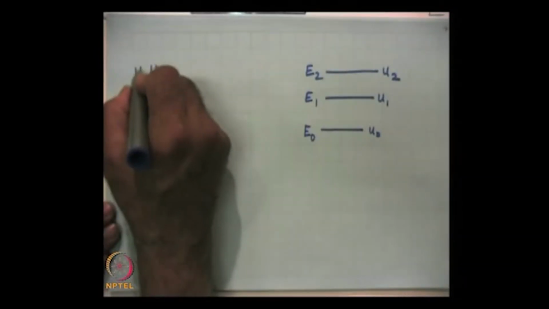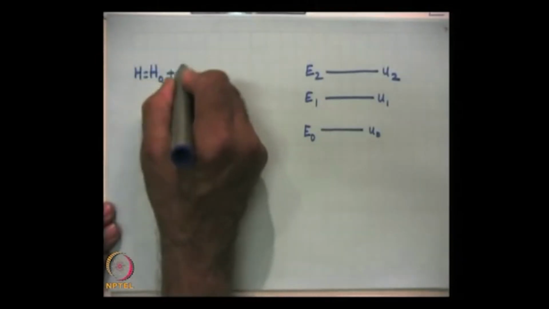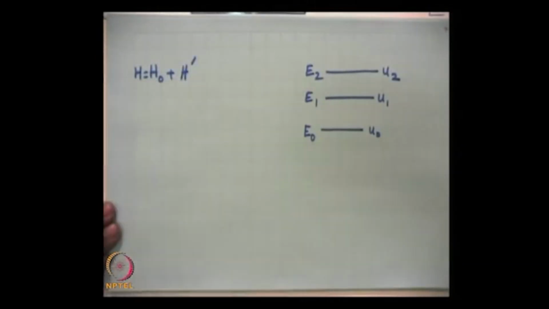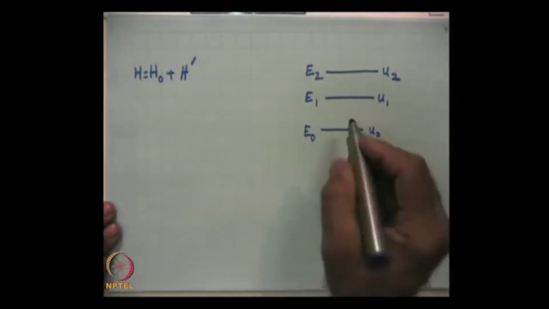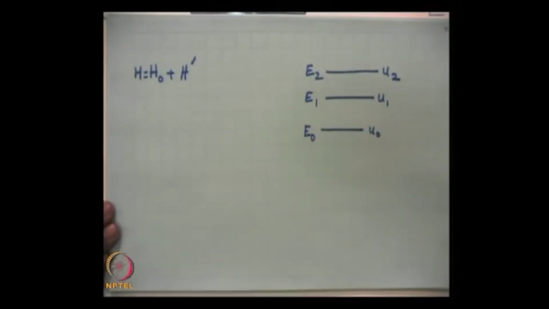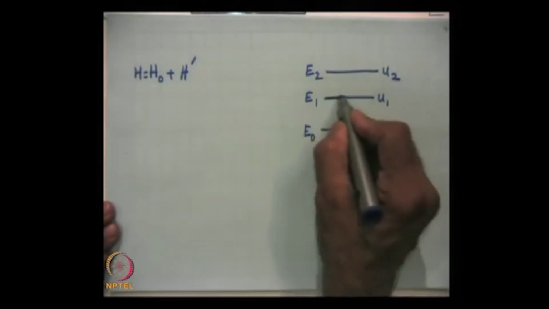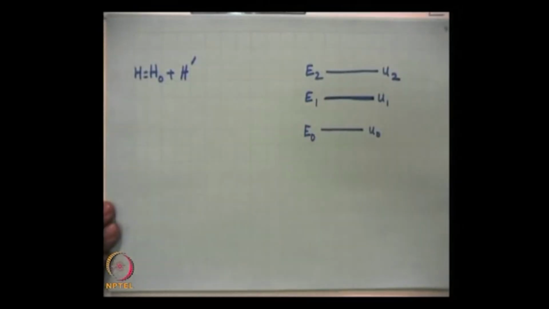If now there is an additional term because of the presence of magnetic field or electric field, as we will consider later, then each energy level gets shifted, and I am assuming that this energy state is non-degenerate.